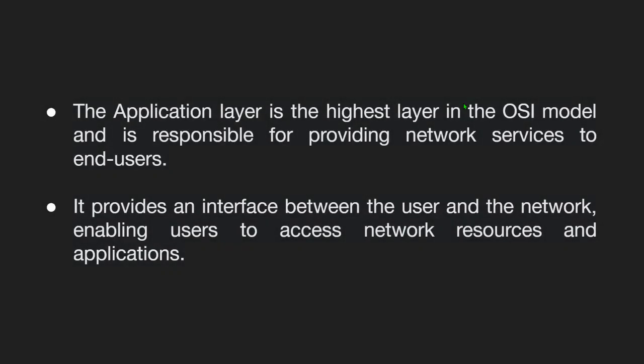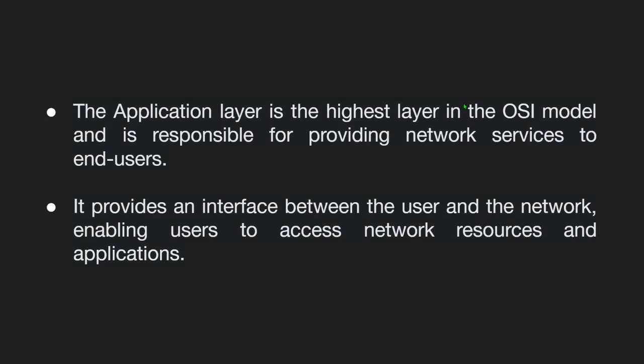The final layer, the application layer, is the highest layer in the OSI model and is responsible for providing network services to end users. It also provides an interface between the user and the network, which enables users to access network resources and applications.